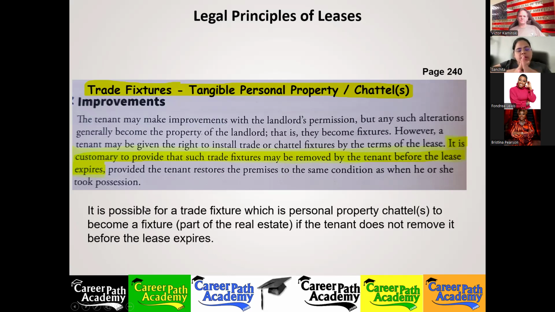So in case the tenant deliberately leaves the trade fixture and does not remove it before the lease expires, in that case owners can deduct from the security deposit. No, only for damages.